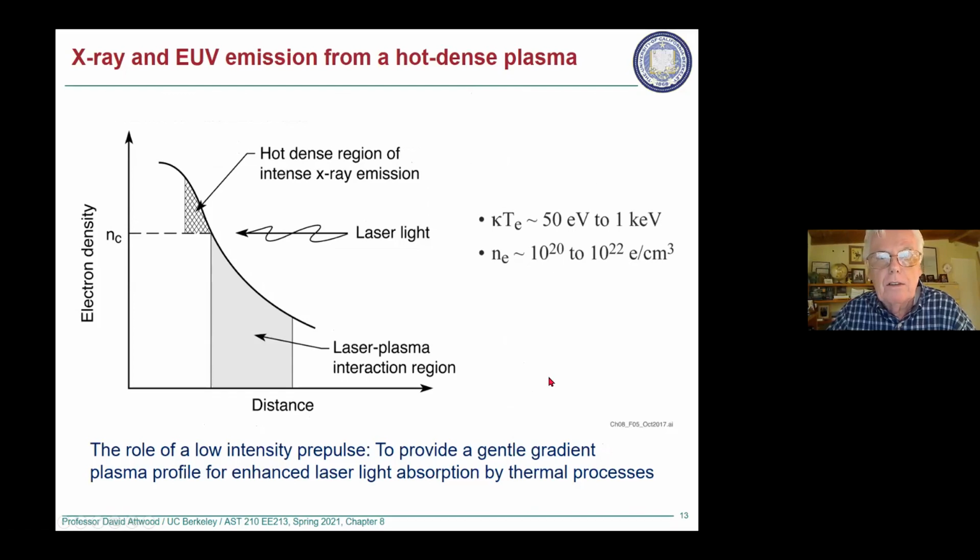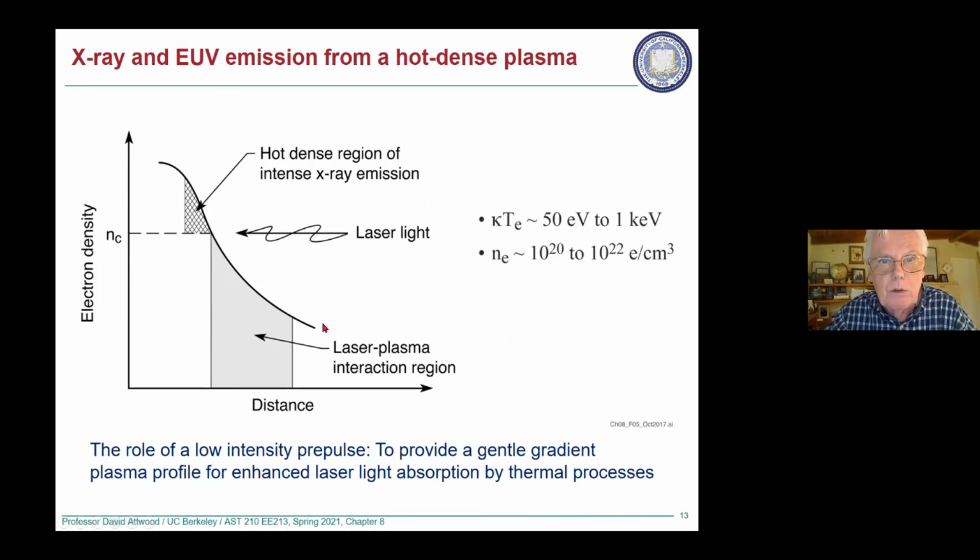So here's just a diagram of what those last two things look like. This is showing electron density at some surface. Again, it could be a solid surface, a small glass sphere, or one of those little lollipops of some material. The laser light comes in and reaches a surface, the critical surface, where it gets bounced back. Whatever light got in at that point may get absorbed there.